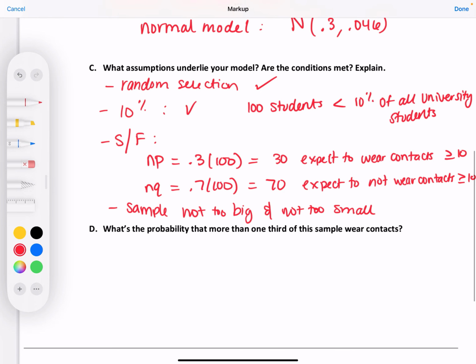So what's the probability that more than 1/3 of this sample wear contacts? That implies that p hat is equal to 0.33.